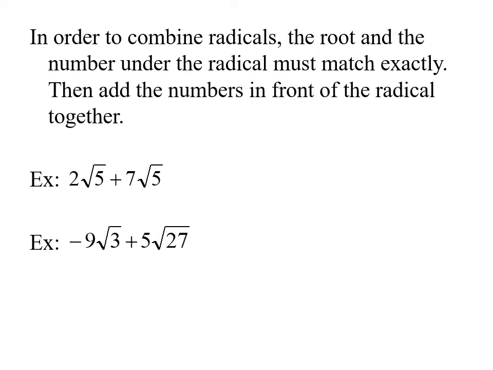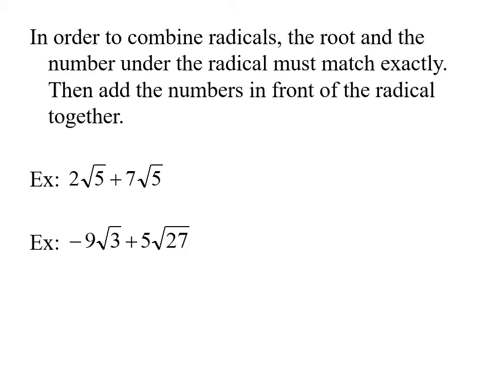And so if you want to do things like adding or subtracting your radicals, then the radical has to be the same number underneath and the same root. So like you could have the square root of 3 on two different ones and you can add them together or subtract them. Then we just add or subtract the numbers that are in front of the radical.